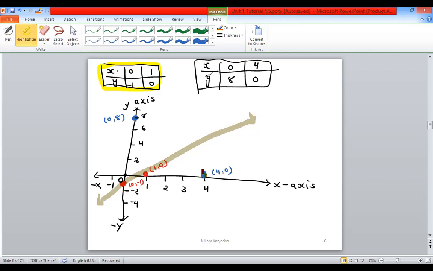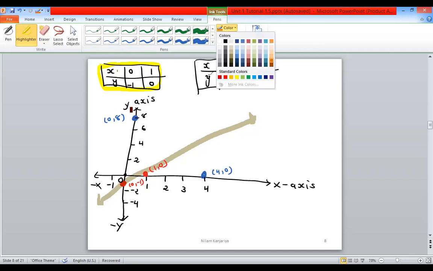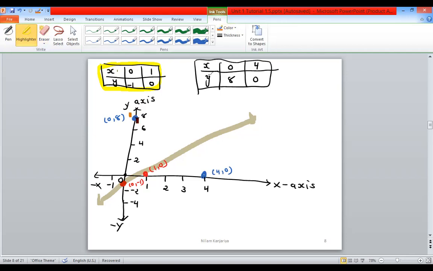If my hand is steady, then it's exact, I got it. Now look here, this is your intersecting point.